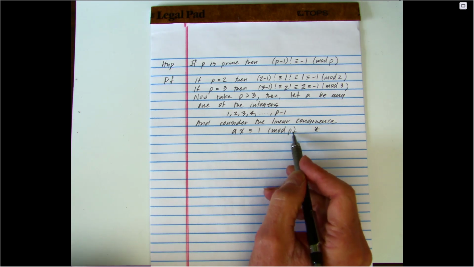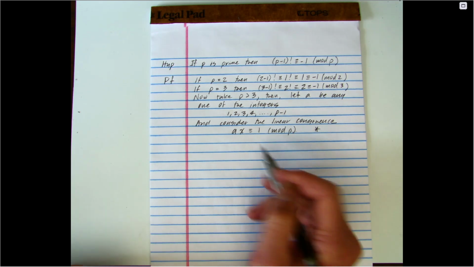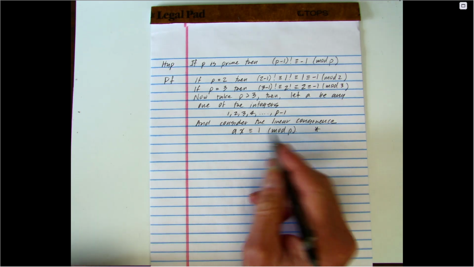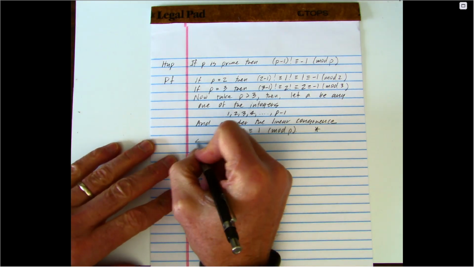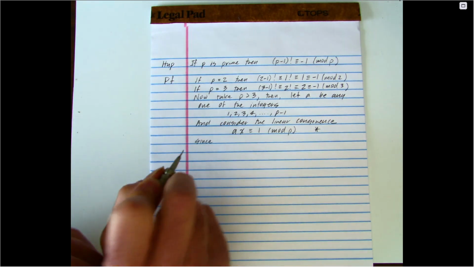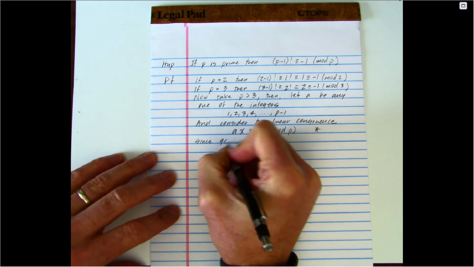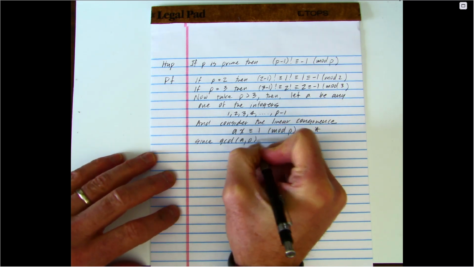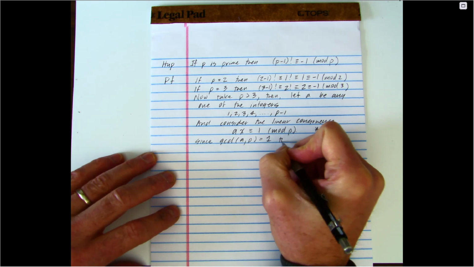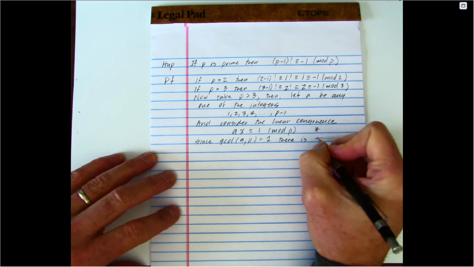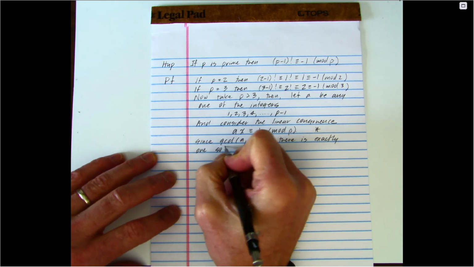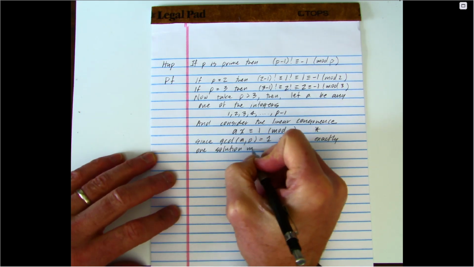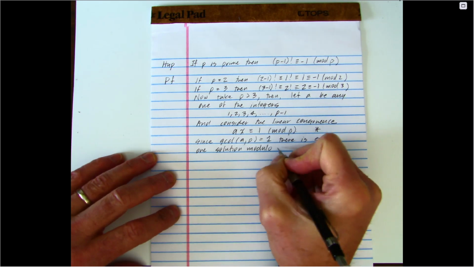And if that's the case, and 1 divides 1, then we know from our theory of linear congruence that there's exactly one solution. So since the GCD of a and p is equal to 1, there is exactly one solution modulo p.